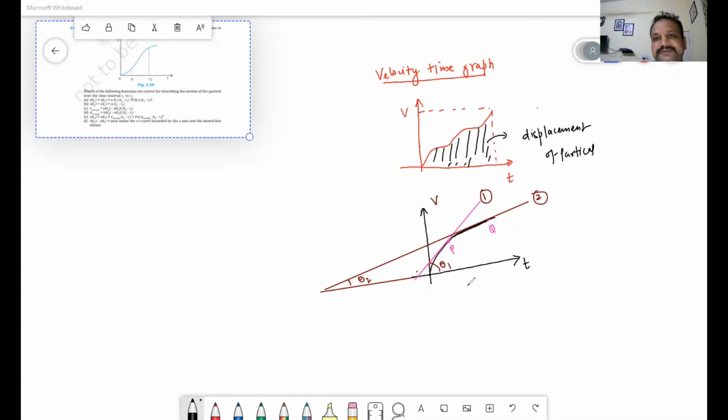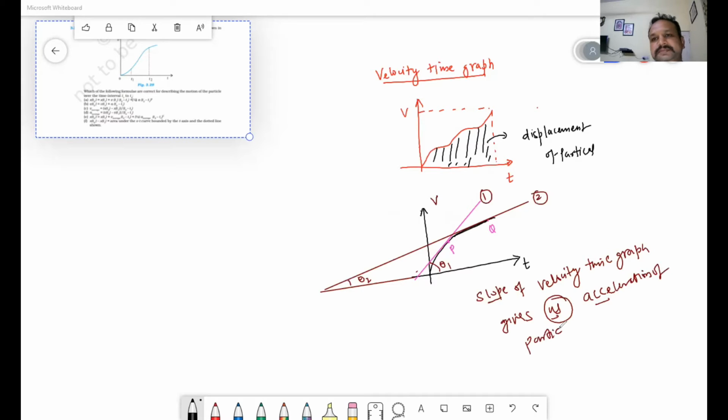So the slope of the velocity time graph gives us the acceleration of the particle. Okay.